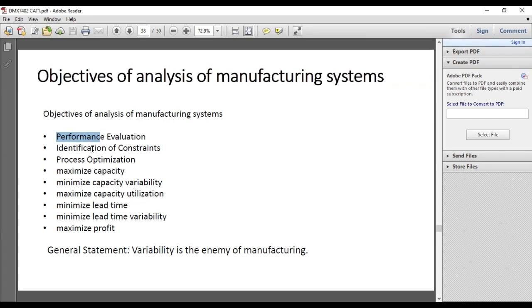So by analyzing we can utilize the factory for maximum production, and minimize the lead time, which is the designing and production time, and minimize lead time variability for different lots or different parts, and finally earn or maximize the profit. So these are the basic objectives of analyzing a manufacturing system.